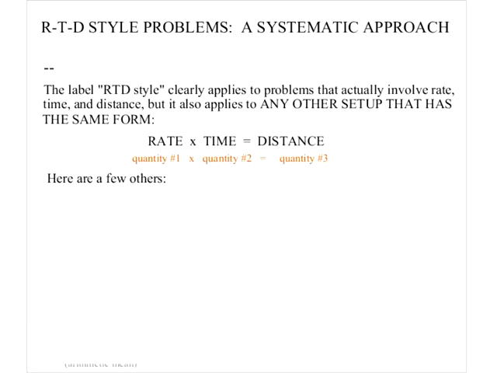If we were in some alternate universe where we renamed the concepts of rate, time, and distance, then as long as they still had the same relationship, we can still take exactly the same approach to the problem. So this format is the key point here. As long as you're dealing with problems that have this sort of setup, you can use the same techniques that we are about to broach for rate, time, and distance.